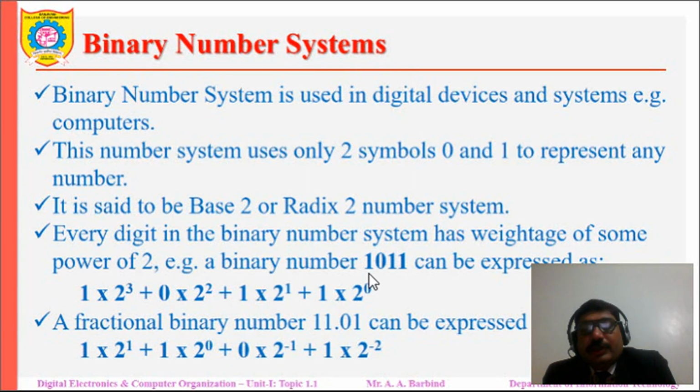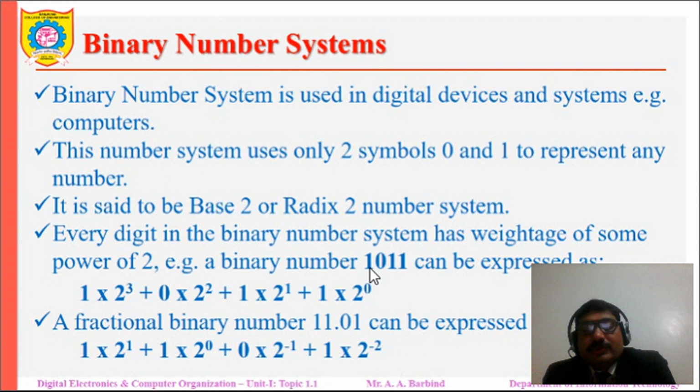For example, if we take a binary number 1011, it can be expressed like this: 1 into 2 to the power 3. So the weightage of this particular 1 is 2 to the power 3. The weightage of this 0 is 2 to the power 2. The weightage of the next 1 is 2 to the power 1. The weightage of the LSB bit is 2 to the power 0.